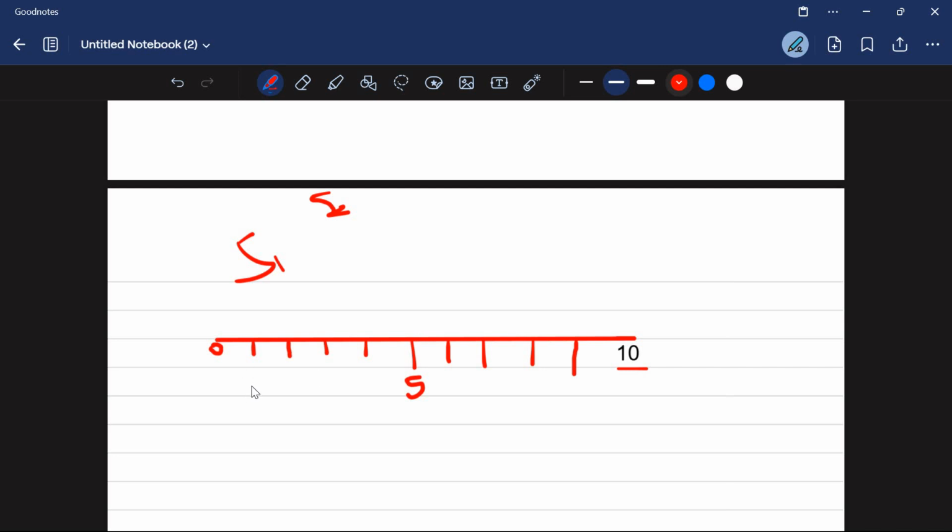One minute: 0, 1, 2, 3, 4, 5, 6, 7, 8, 9. So I have this sum, and the range for S1 is from 0 to 10.